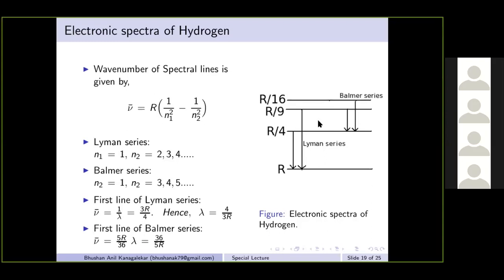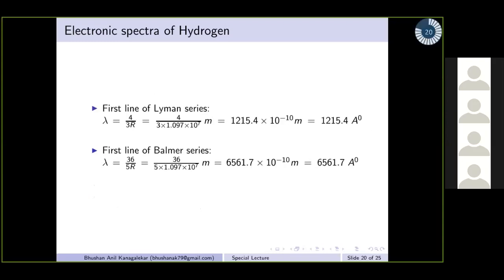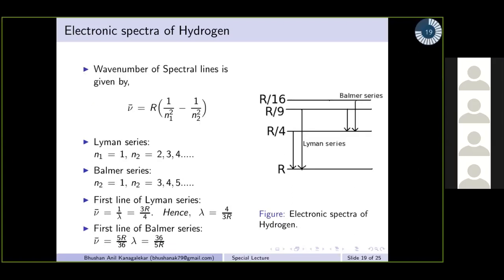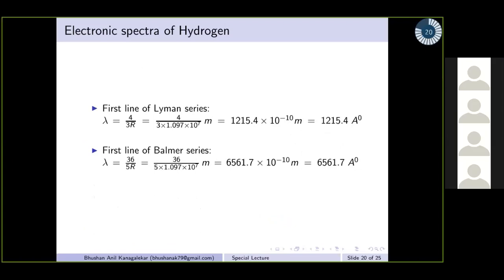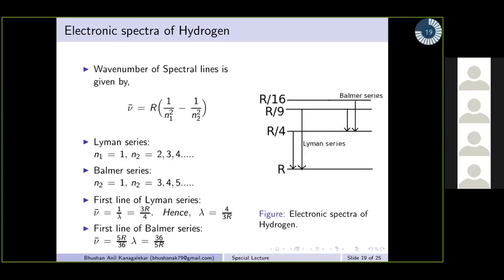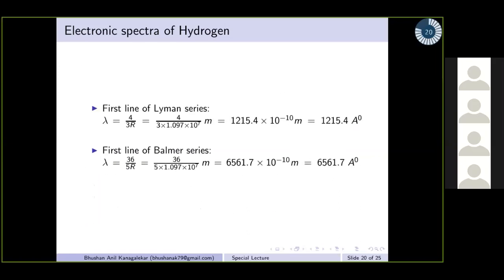In the next slide, I have calculated the 4 by 3R values and 36 by 5R values, where R, the Rydberg constant, is 1.097 into 10 raised to 7 meter raised to minus 1.